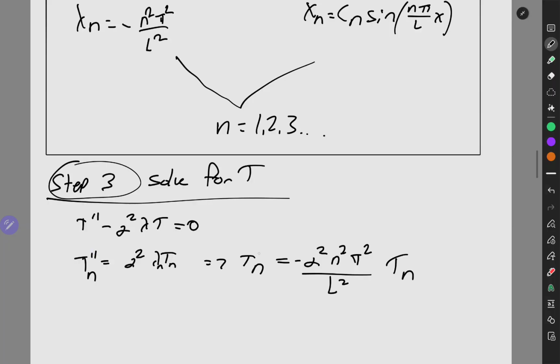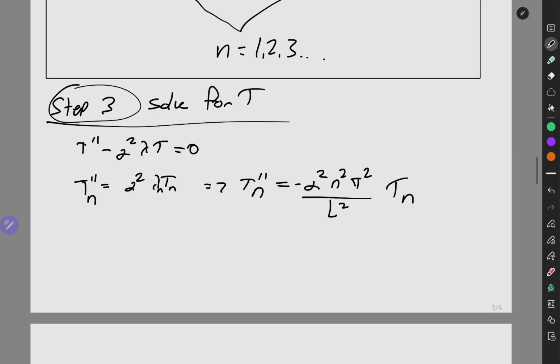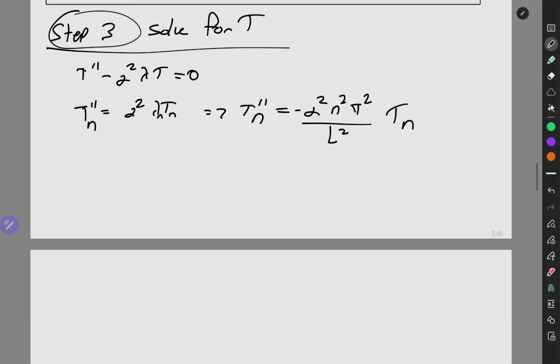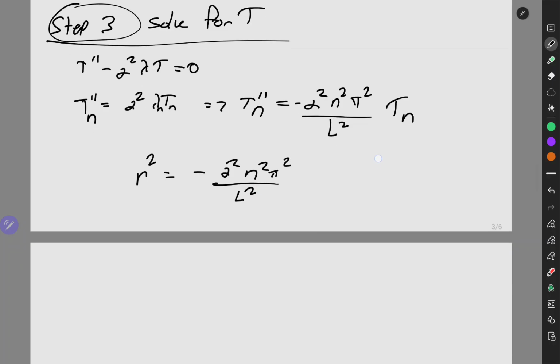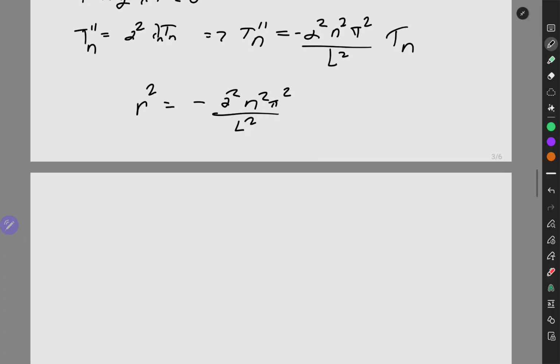Oh, sorry. Now, I'm going to solve the characteristic equation. This is going to become r squared equals this here, right? And you take the square root. That's going to become plus minus alpha n pi over L imaginary portion, right?